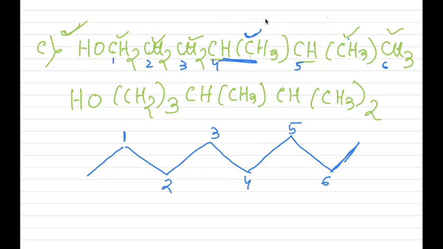So here OH is added, and with the 4th carbon atom, 1 methyl, and with the 6th carbon atom, 1 methyl is also there. So this is actually the bond line formula. Clear? Understood?